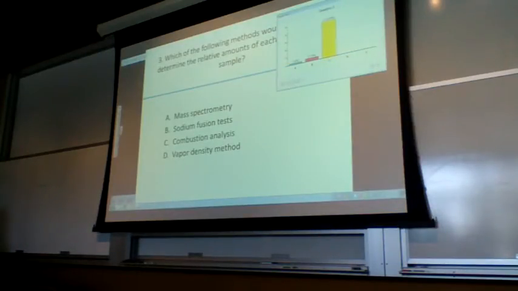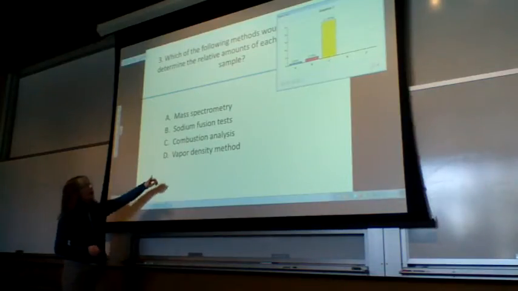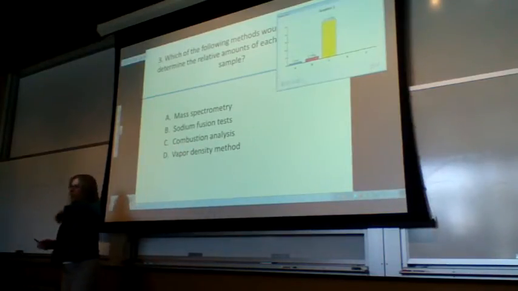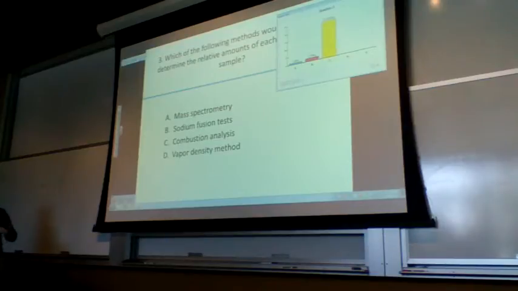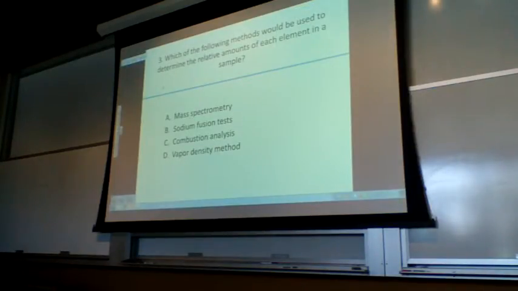So we're looking at the relative amounts, it's going to be combustion analysis. Sodium fusion is going to tell us what kinds of other elements we have, like sulfur or nitrogen or the halogens. And then mass spectrometry will give us the mass, and then we can compare stuff, but we don't get the relative amounts.